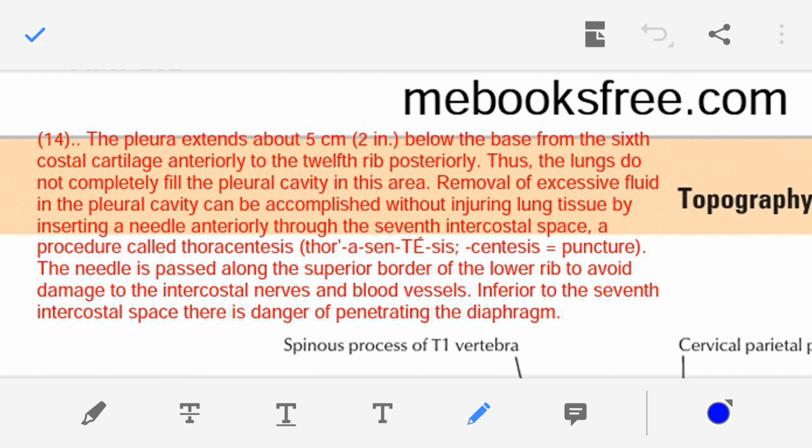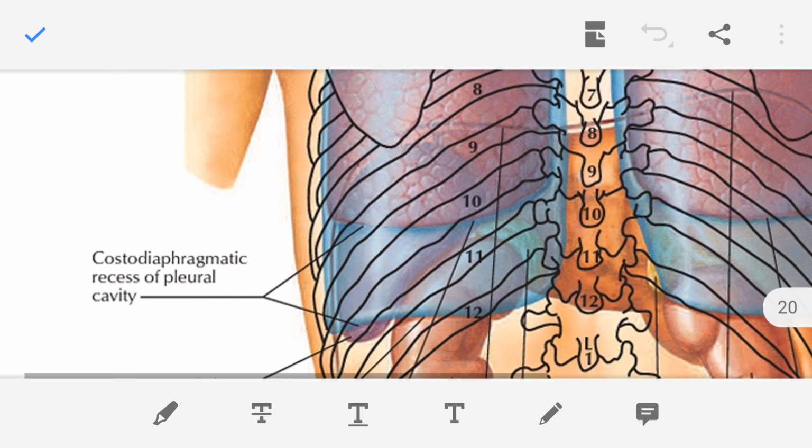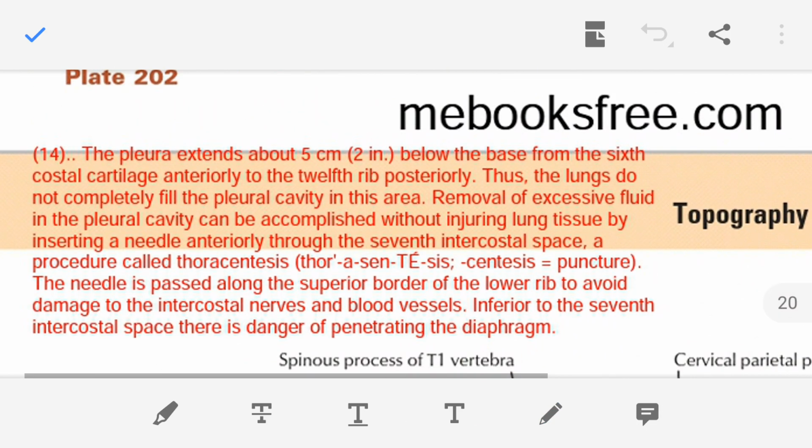And so the lungs do not completely fill the pleural cavity in this area. So in this area only the pleurae are present, and the lungs are not there. Up to here the lungs are present, and here only the pleurae are present.